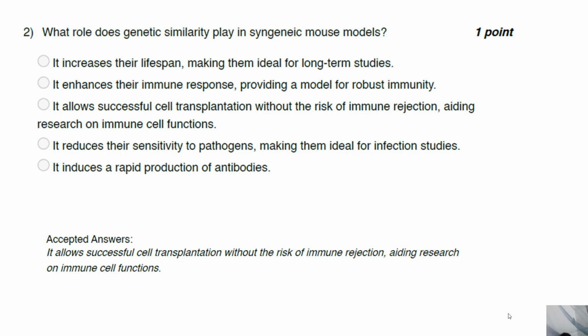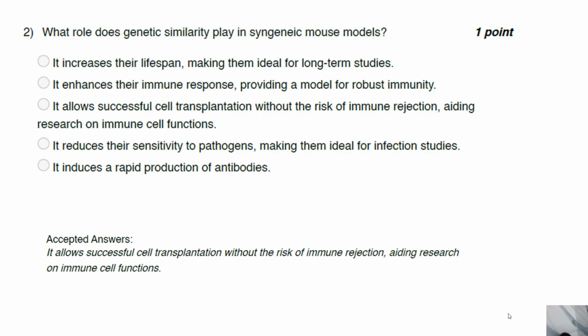Because of this, they share the same MHC, or major histocompatibility complex, molecules, and the immune system recognizes transplanted cells as self. Therefore, no immune rejection occurs. This makes them extremely valuable for cell transplantation experiments, tumor biology studies where tumor grafts are not rejected, and immunology research where you want to study immune responses without confounding rejection effects. Now, why are the others incorrect?